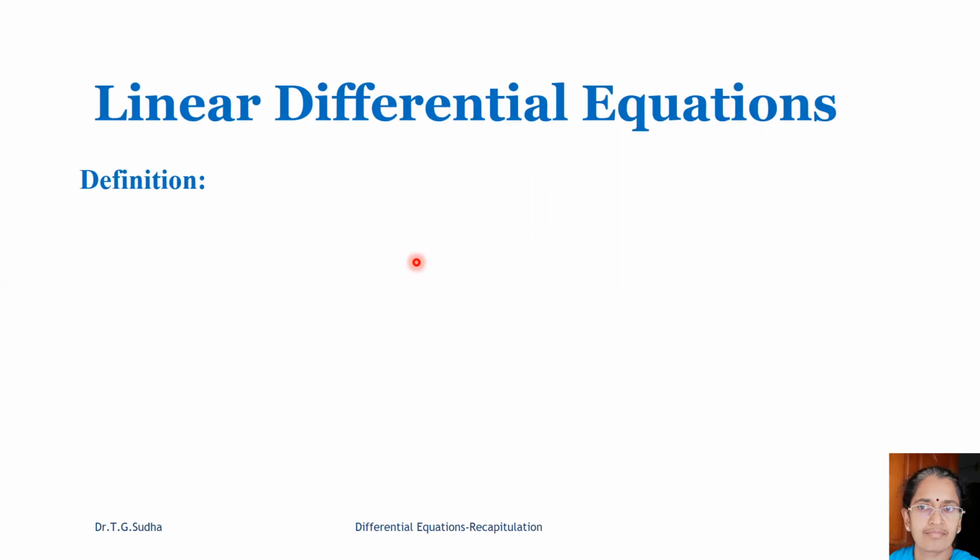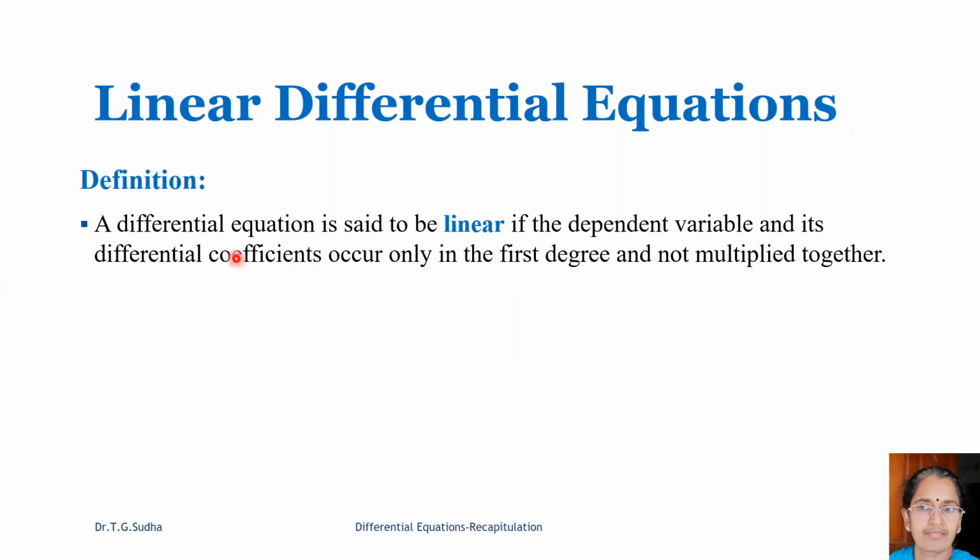Linear differential equations. Let us see what is the definition of linear differential equation. A differential equation is said to be linear if the dependent variable and its differential coefficients occur only in the first degree and not multiplied together.